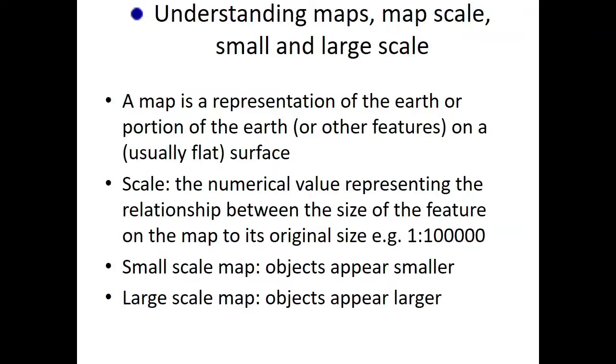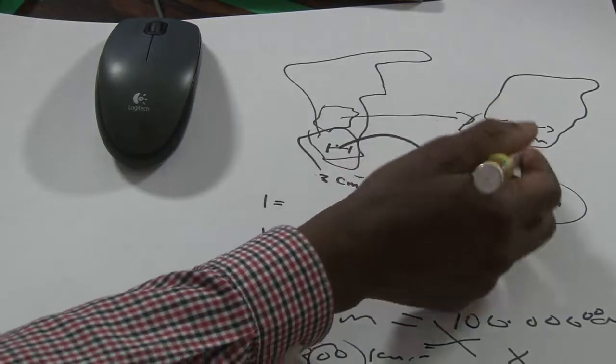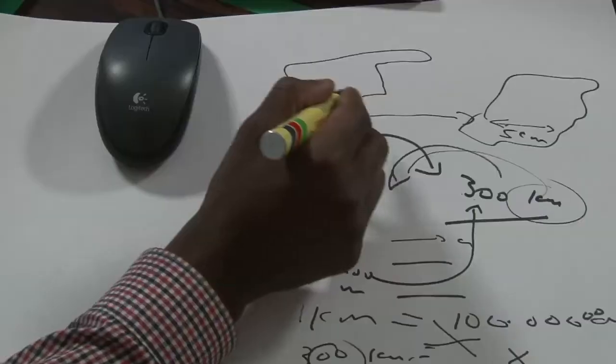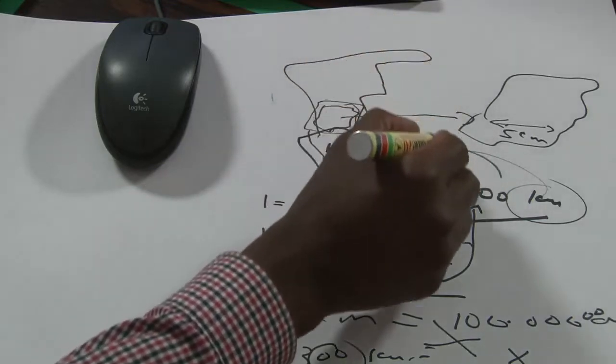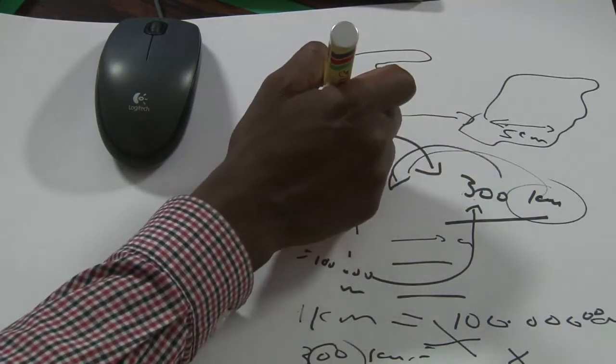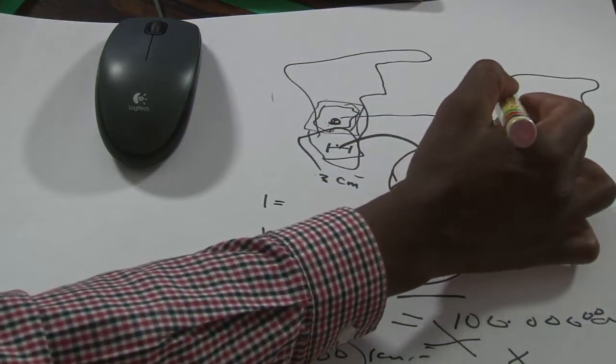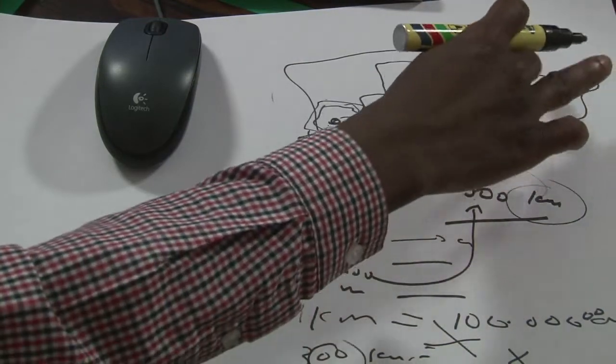In the case of the two maps that I drew here, you'll be able to visualize which one is small scale and which one is large scale, because Katutura here appears smaller, which means this is a small scale map, because it is within the whole of Namibia. In this case the object is Katutura.